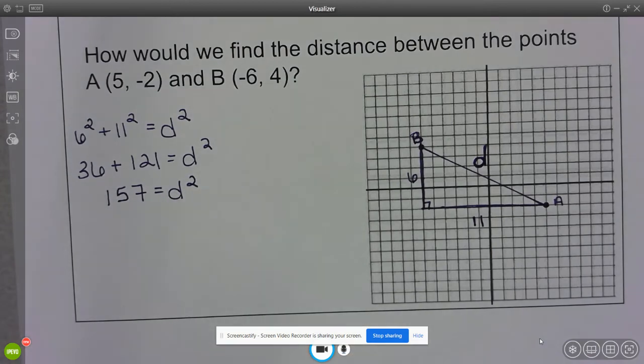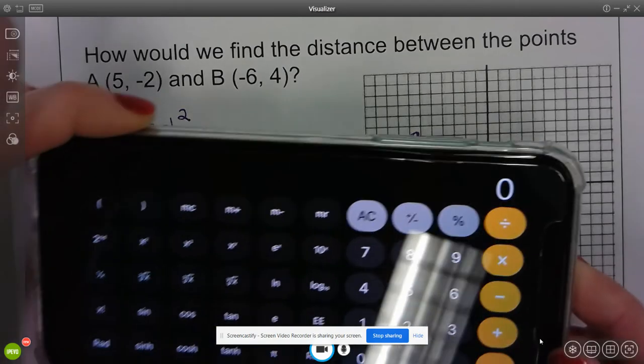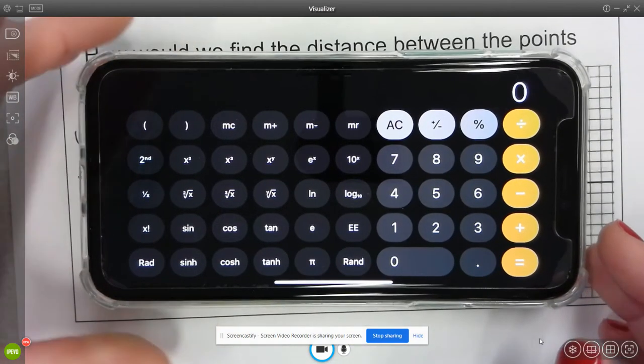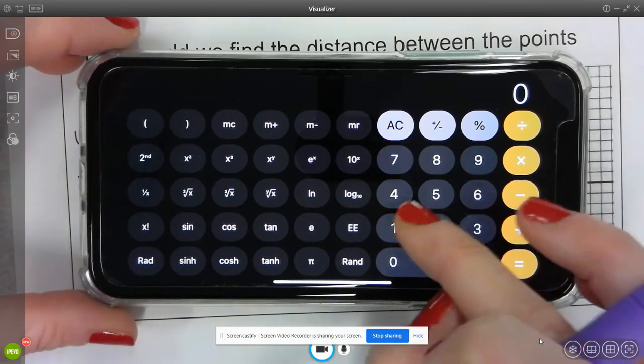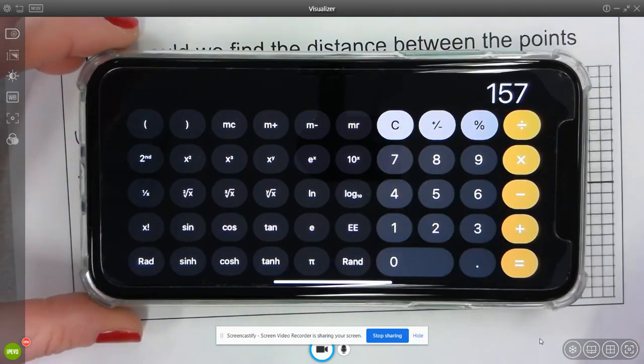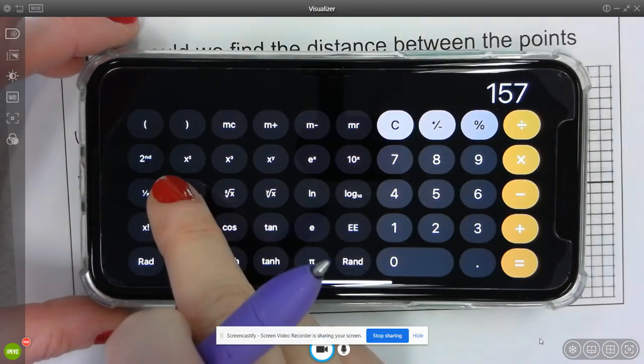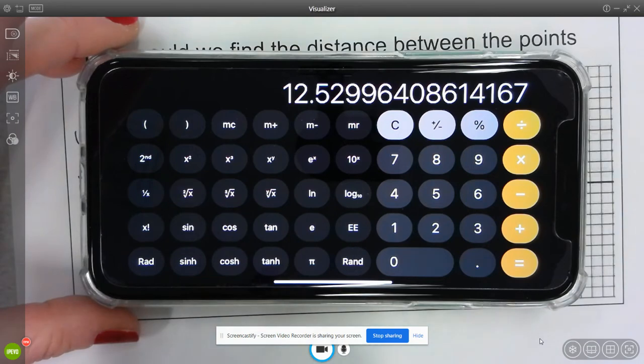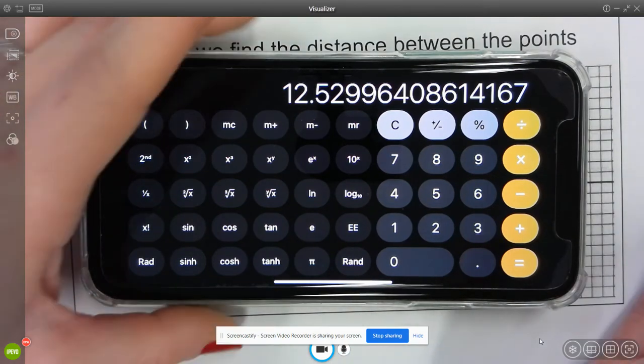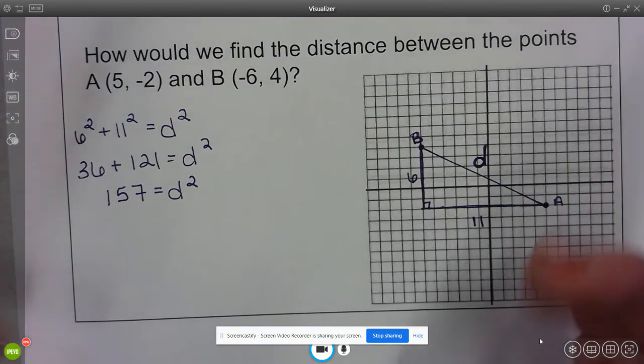And then I am using my calculator. If you have an iPhone, you can turn this calculator sideways. I'm going to type in 157 and then hit the square root button, and it tells me exactly what D is.